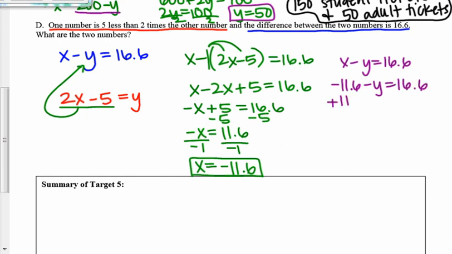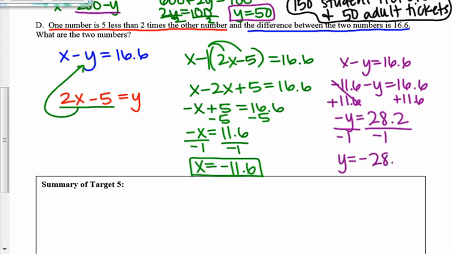I'm going to go ahead and add 11.6 to both sides. And I get negative y equals 28.2. And then to get rid of that negative sign, I'm just going to divide by negative 1. So I get y equals negative 28.2.